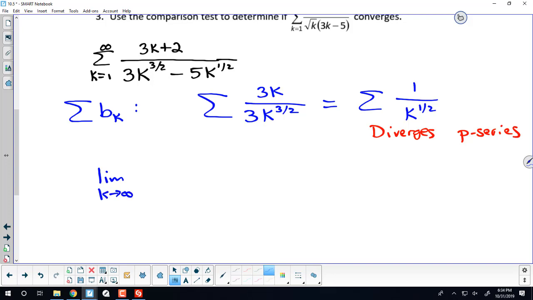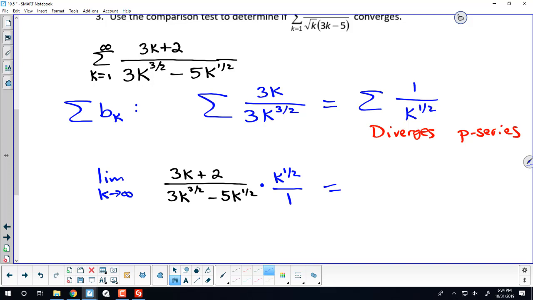So the limit as k approaches infinity, we're going to take our given series and divide that by the series that we chose. So instead of dividing through by 1 over k to the 1/2, I'm just going to multiply by its reciprocal. So there's the limit at infinity of a over b. And so we just compute that limit.